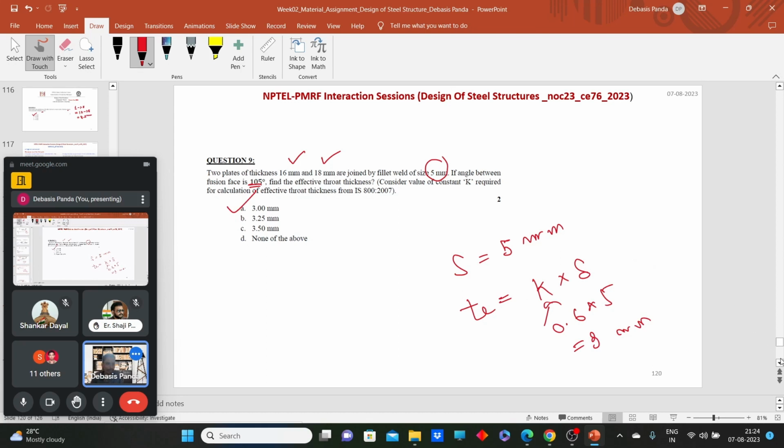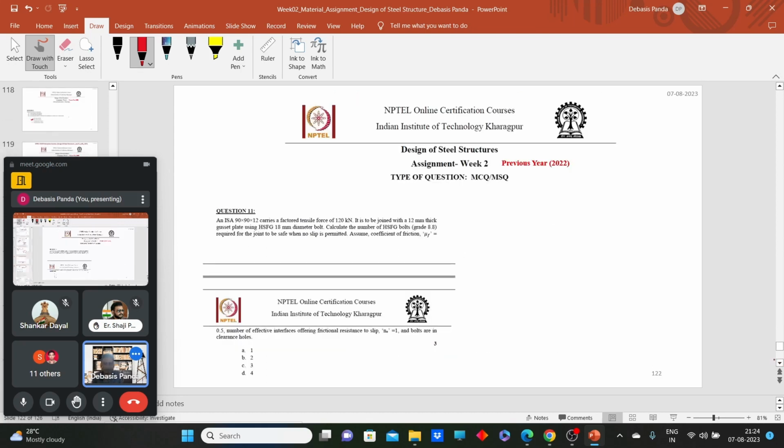Okay, now one more example is there. Here, the frictional grip bolt problem. What this problem says: an ISA carrying a tensile force of 120 kilonewton, joined with a 12 mm thick gusset plate with 18 mm diameter HSFG bolt. So here the diameter of that high strength frictional grip bolt is 18 mm.